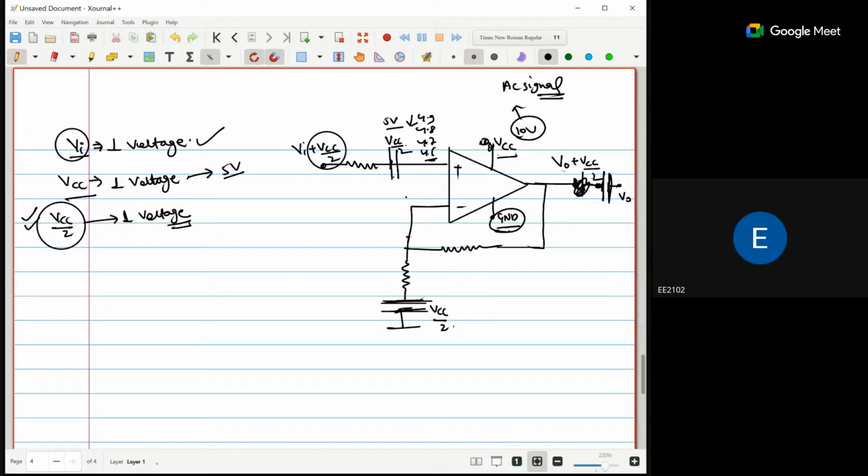Everywhere we are using the capacitor, but there are certain conditions for the capacitor: the capacitor charging and discharging time, tau charging and tau discharging.